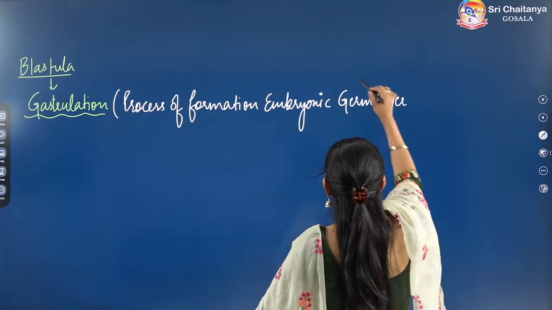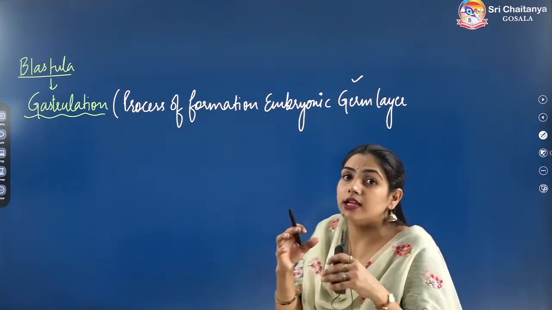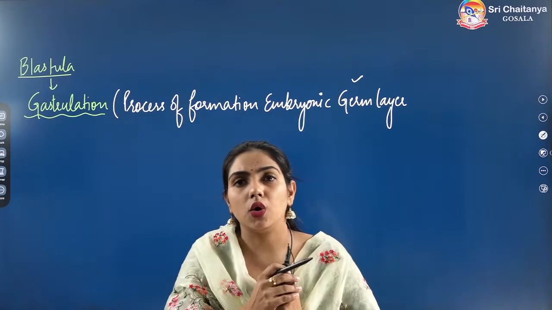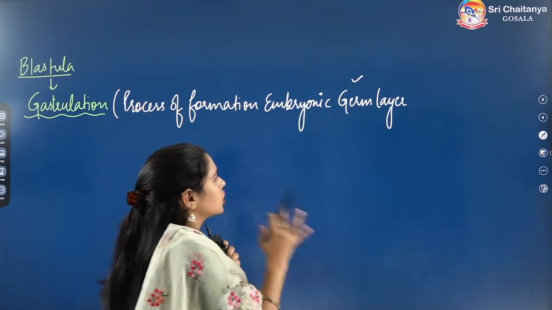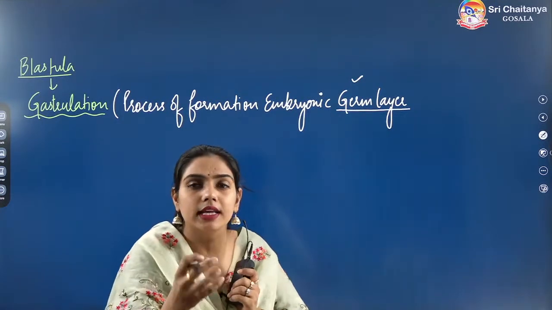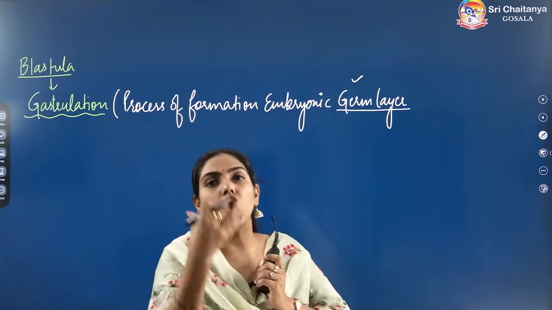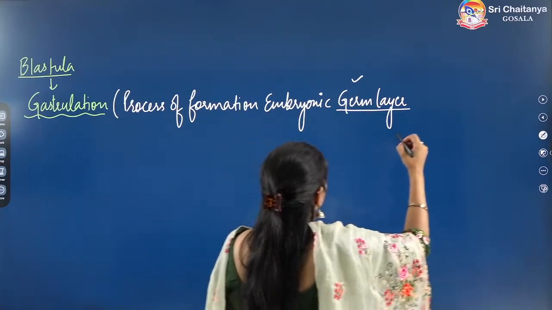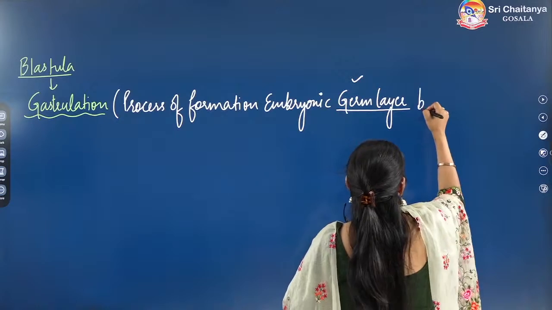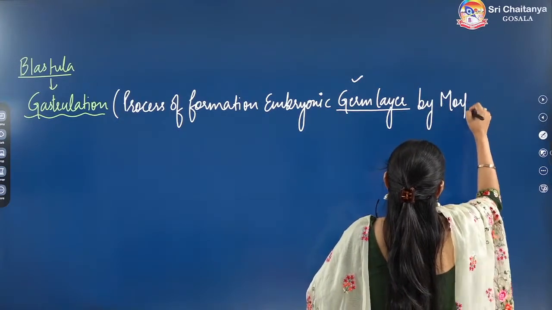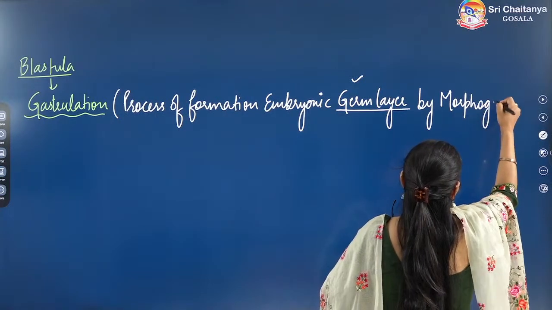Very important. What is the meaning of germ layers? Germ layers are going to give rise to everything in your body. All the tissues and organs are formed by these germ layers. They are germinating, giving rise to all the tissues and organs of the body, right? So it is the process of formation of embryonic germ layers by morphogenetic movements.